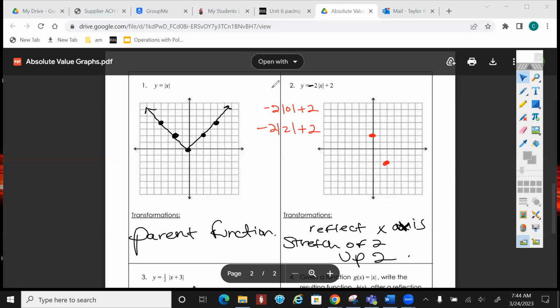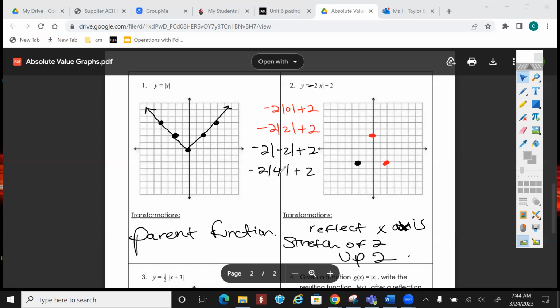If I take -2 and plug it in, what will happen here is this will become +2. -2 times +2 will be -4. -4 plus 2 is -2. So we'll have -2, -4. I'm sorry, -2, -2. We're going to take 4 and plug it in.